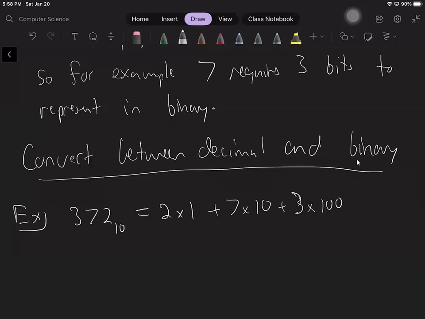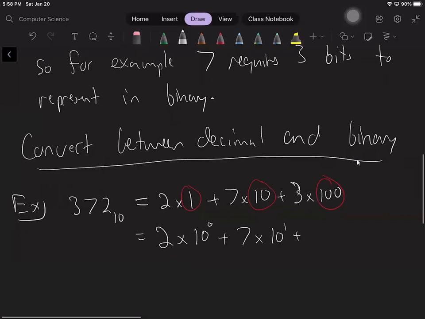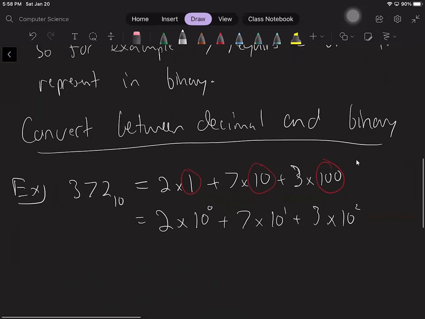And even better, each of these are powers of 10. So this is really saying 1 is anything to the 0, so 0 powers of 10, there's 2 of those. 1 power of 10, there's 7 of those. And 2 powers of 10, there's 3 of those. So this is another way to represent a number in decimal.